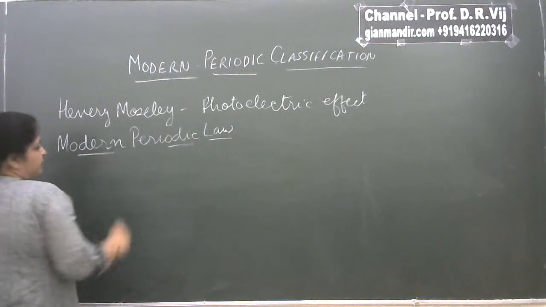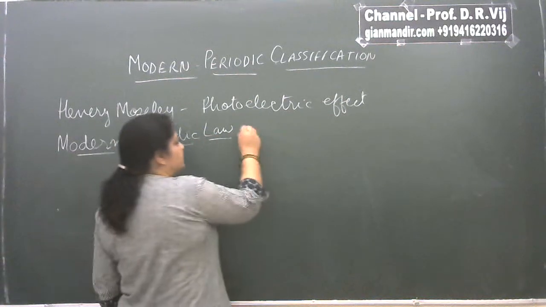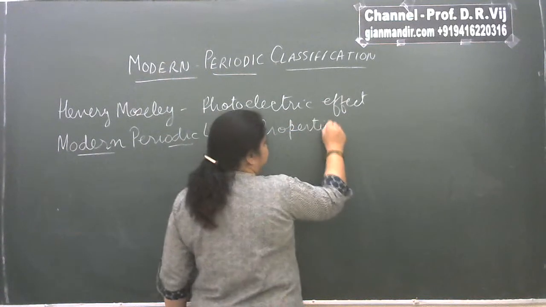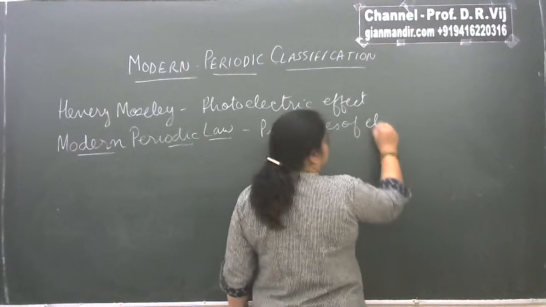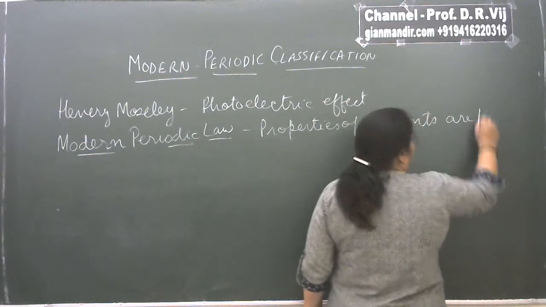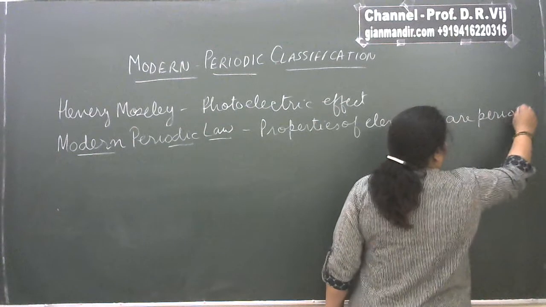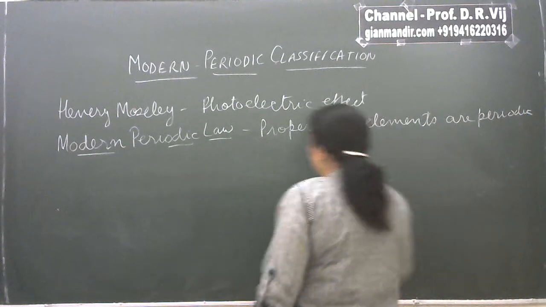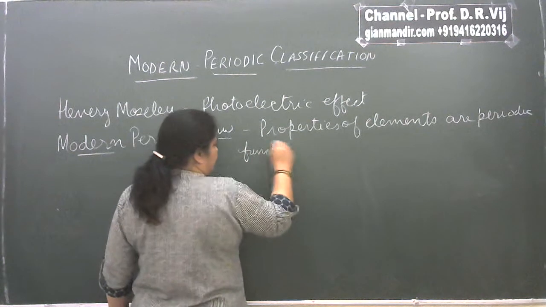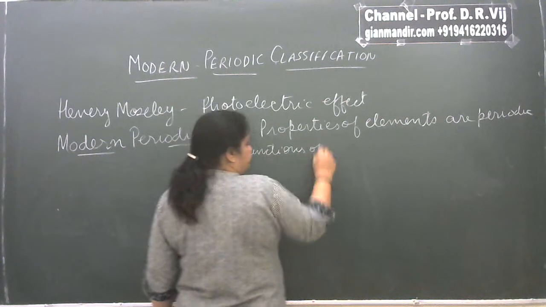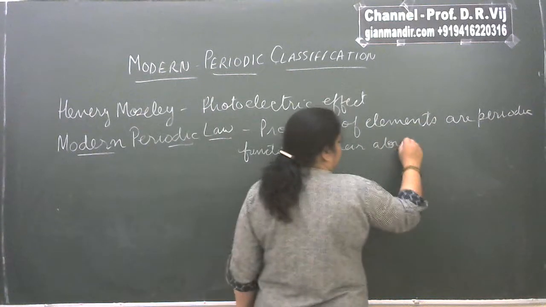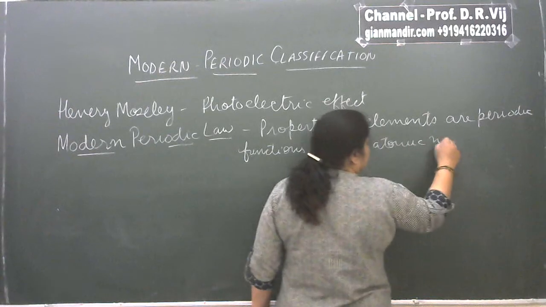According to Moseley's modern periodic law, properties of elements are periodic functions of their atomic numbers.